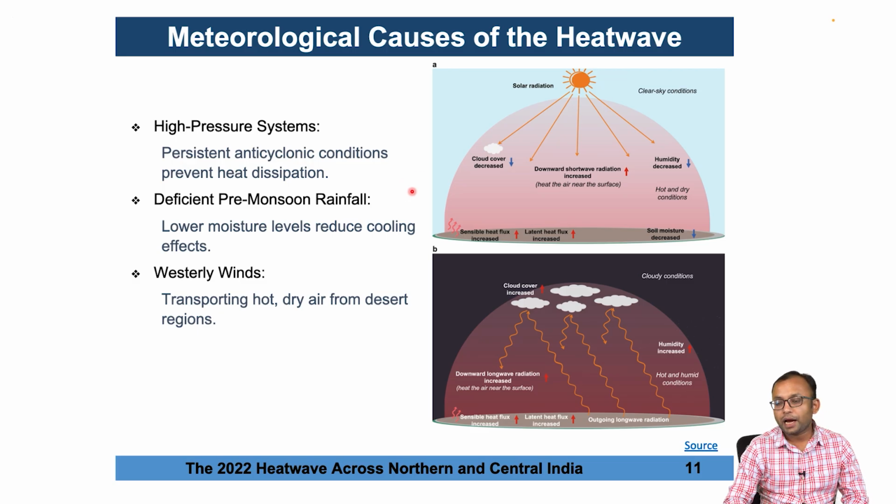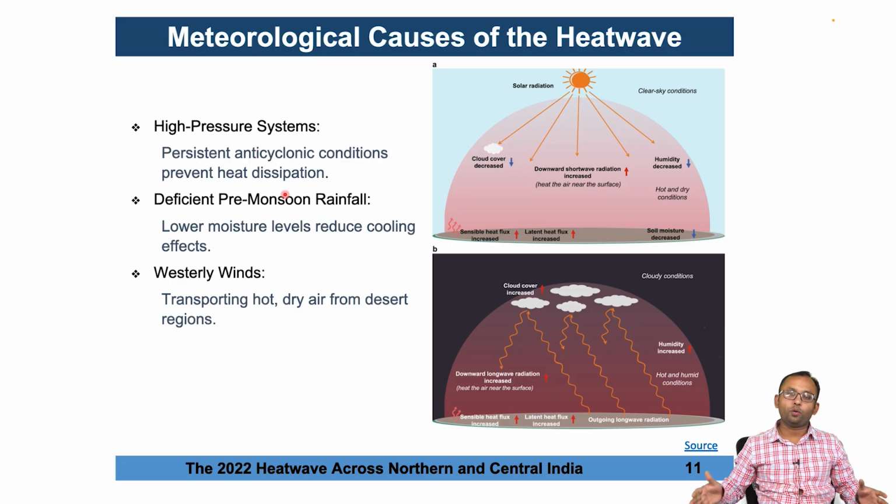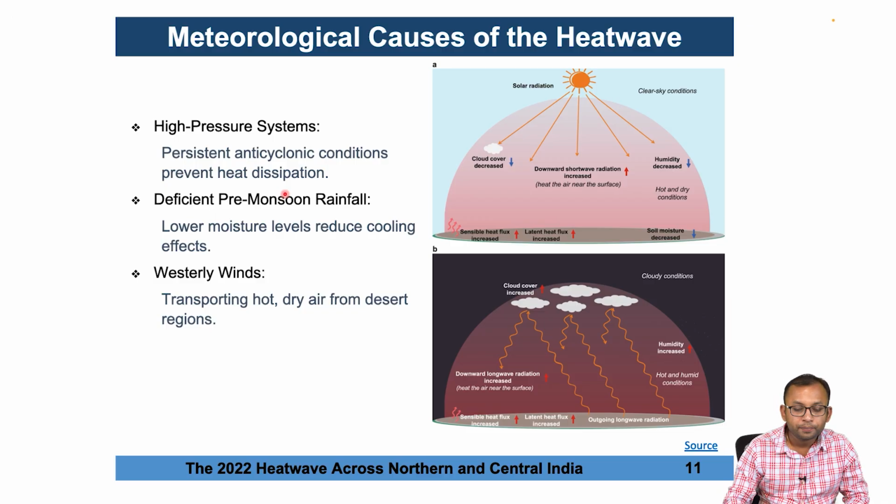What was the reason behind these heat waves? That is primarily driven by a high pressure system. Persistent anticyclonic conditions prevent heat dissipation. It creates a sort of dome, and whatever heat is created because of albedo, GHG and all remains there for a very long period of time, and that creates some sort of positive feedback as well, and heats up the whole region.